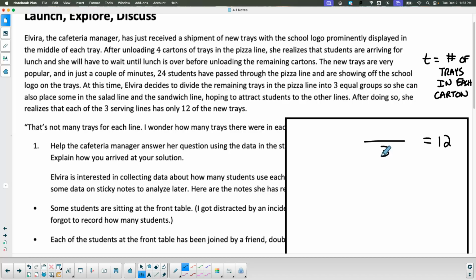Yeah. So is that going to be an add or a subtract from our total? Subtract, because they already took them, right? So somewhere on top, we're going to have a minus 24. How many cartons did she unload? 4 of them, right? And each carton had T trays in it, so that means she started with 4T trays. I see.